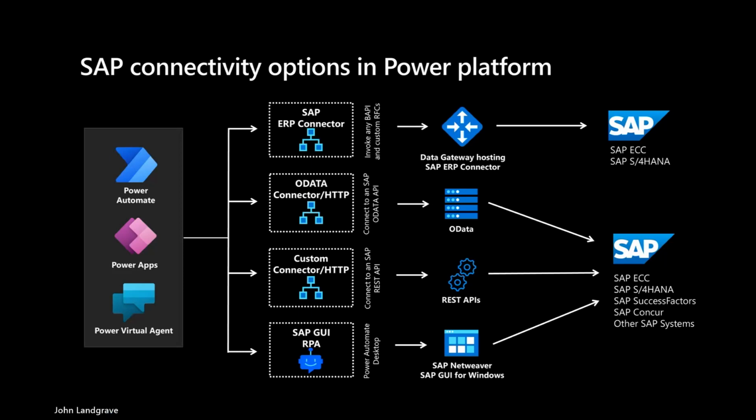The way that we accomplish this is through the use of the data gateway. So I want to be crystal clear. Today, there is no direct connectivity from a Power Platform connector to an SAP instance. It has to go through the data gateway.